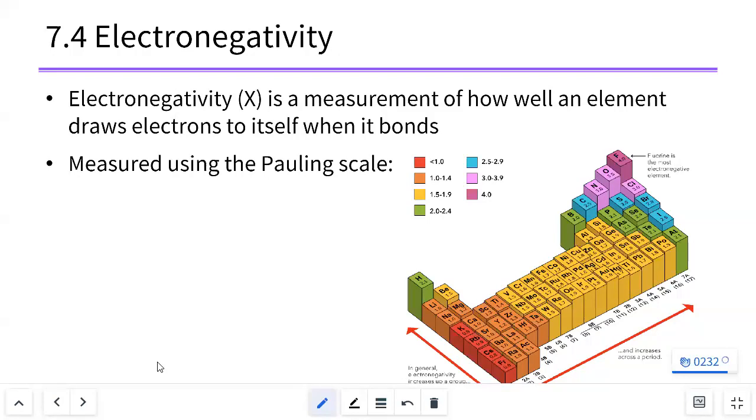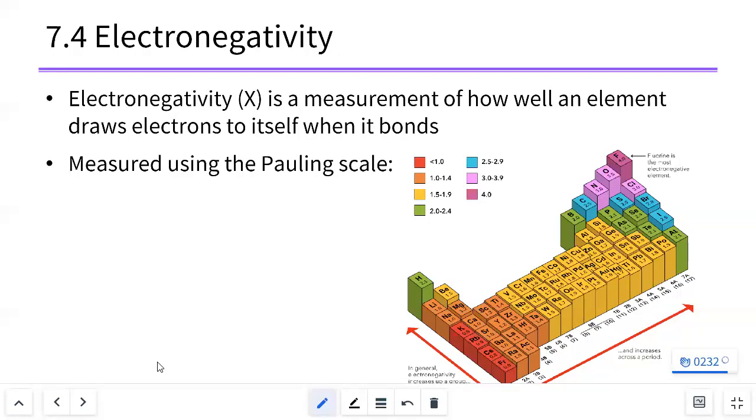How we know the difference is through something called electronegativity. Electronegativity tells us how well one atom draws electrons to itself when it bonds. Now, there are a lot of factors that go into electronegativity, but the primary one or two have to do with what kinds of charges it usually makes.